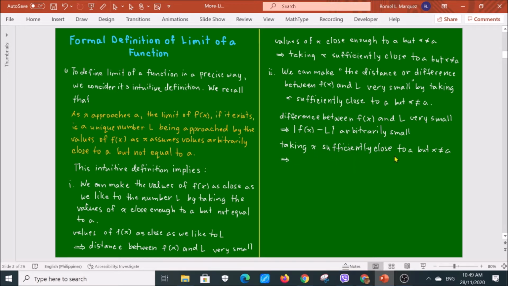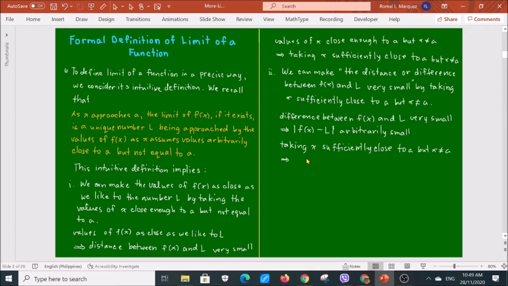Since x is not equal to a, the distance cannot be zero, unlike for f of x and L. If f of x happens to be equal to L, then the distance becomes zero, so it is possible to be zero or positive.